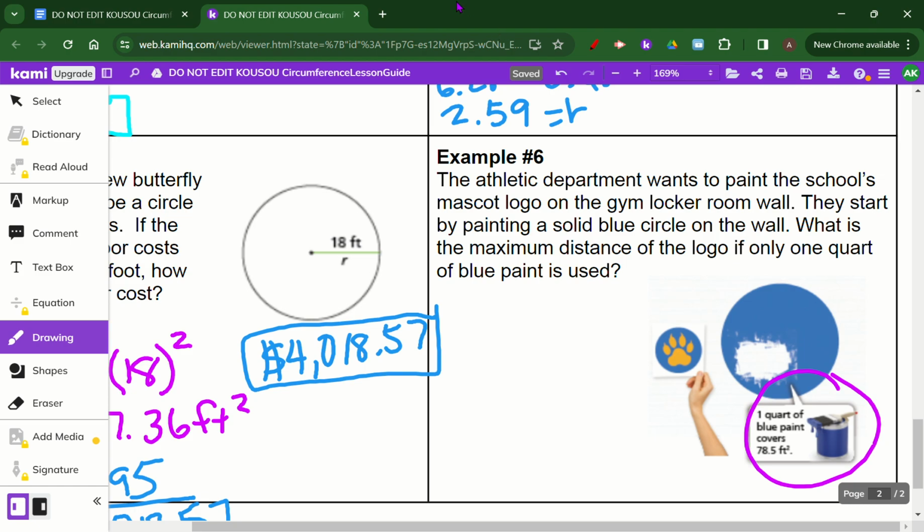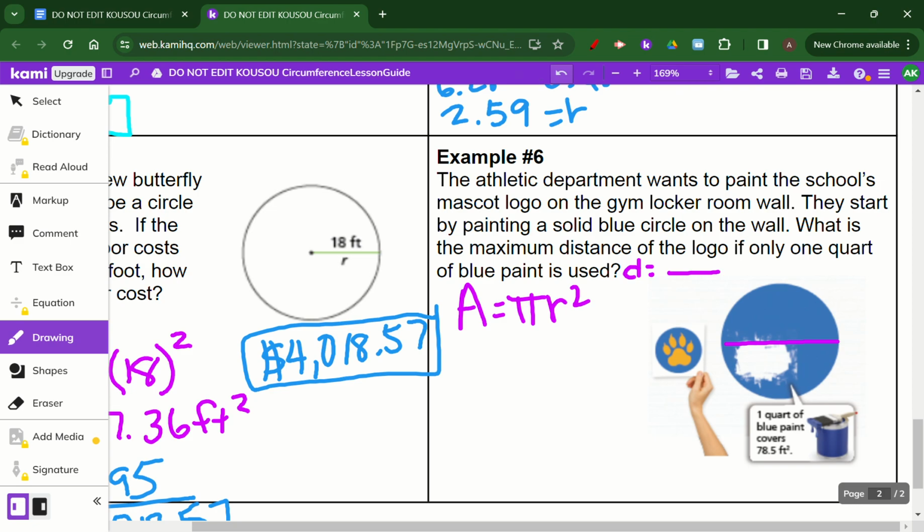So that's good that we know that. We're trying to figure out the maximum distance that the logo could be. So we're really looking for the diameter here. But once you find the radius using the area formula, then you can just multiply that radius by 2.